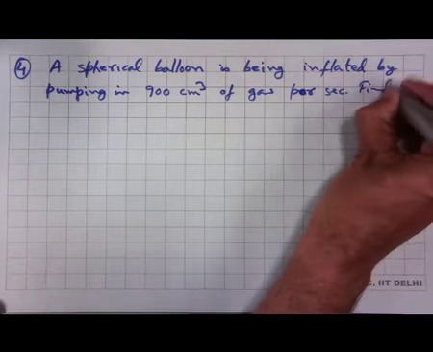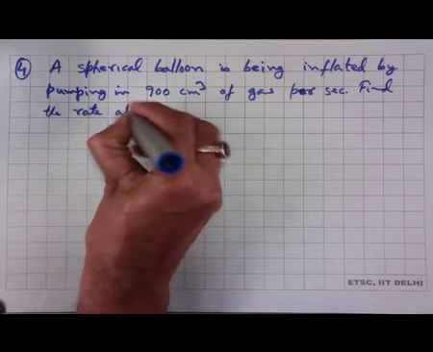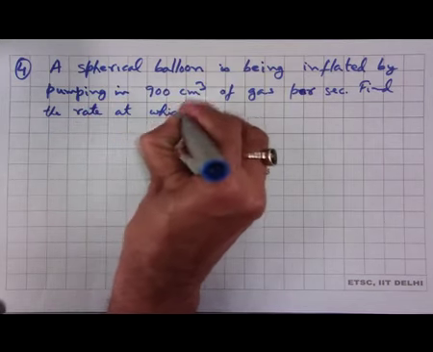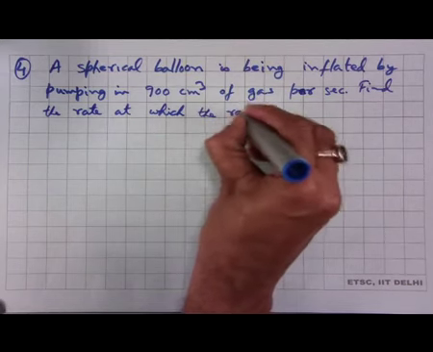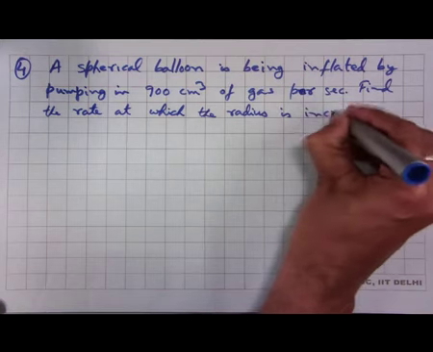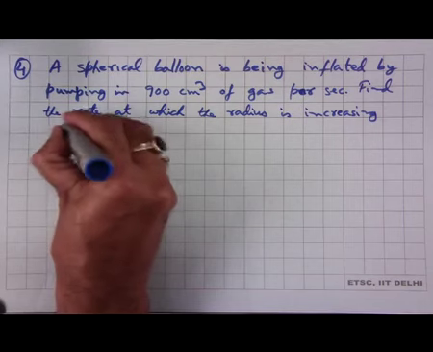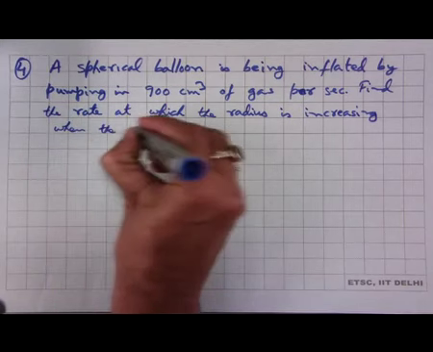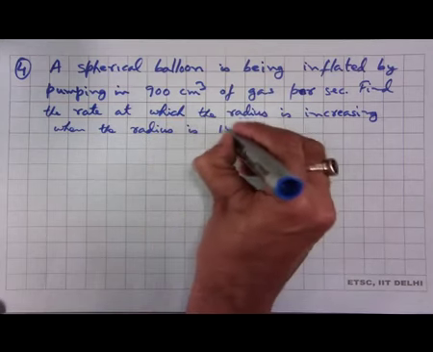Find the rate at which the radius is increasing when the radius is 15 centimeter.